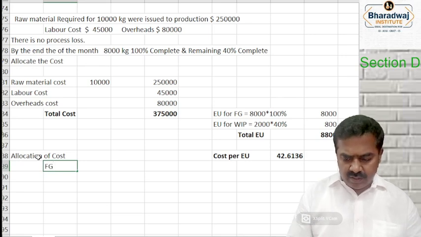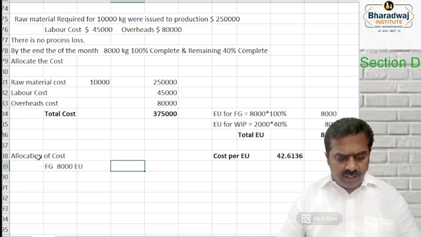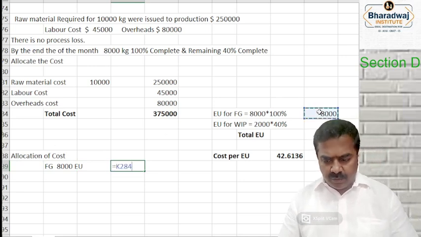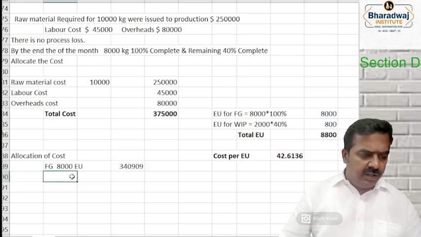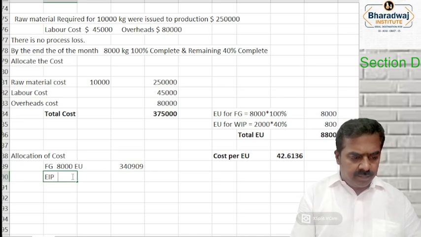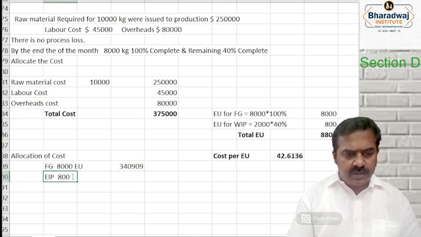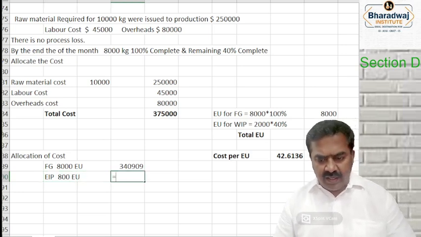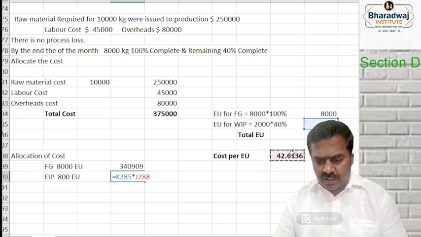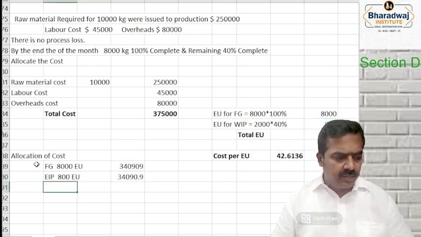Finished goods 8,000 equivalent units, so how to allocate the cost? 8,000 equivalent units into this. Then WIP, 800 equivalent units into the cost per equivalent unit will give us the cost.